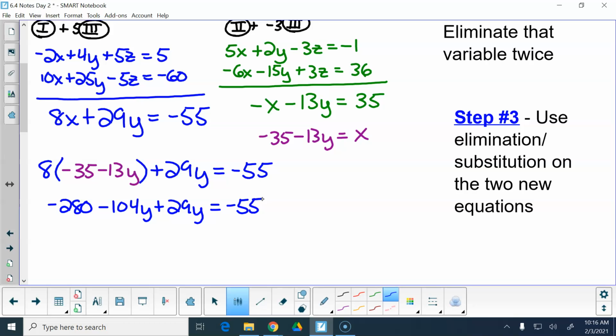Oh, negative 280 minus 55 would be... and 104 minus 29, that's going to be 75? And it's negative still. What does that give us? Negative 3, excuse me?